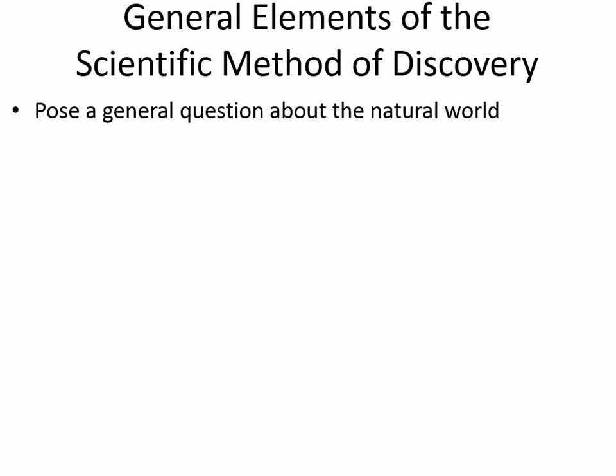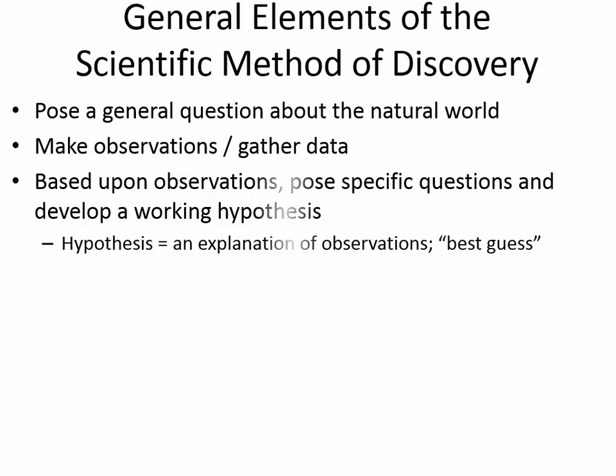I'm just saying there is a line there. So pose a question. People are just generally curious. Little babies are curious. Then based upon your question, you start to gather data or make observations. Or maybe you have observations and then you come up with a question. So it doesn't have to go in this order.